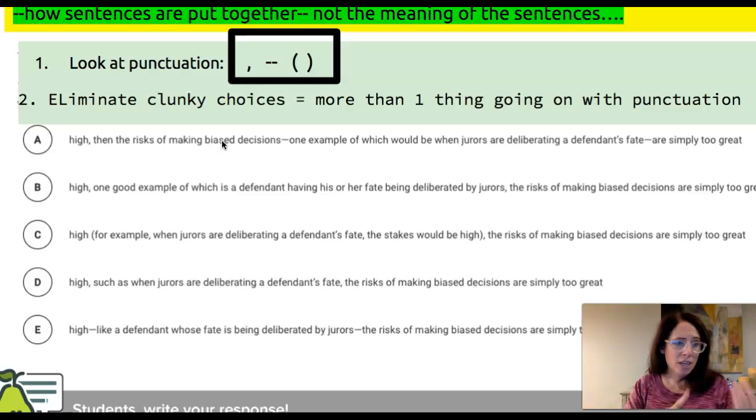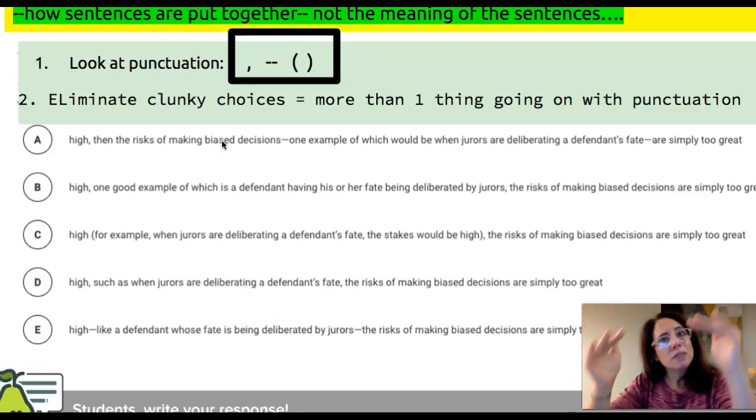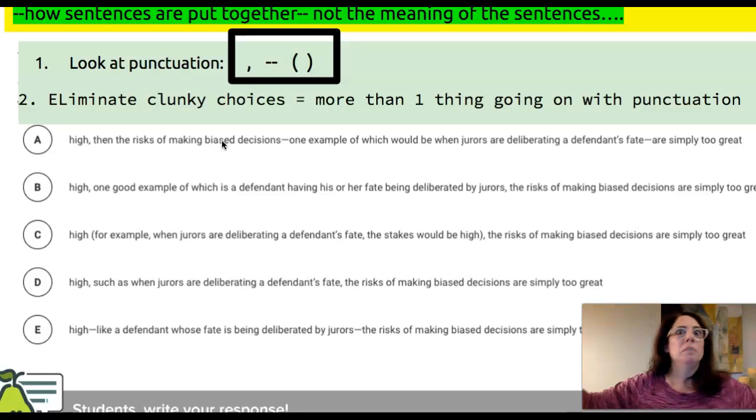So the first thing is, do you have punctuation that's back to back when it doesn't need to be? Do you have a parenthesis where you might have some commas in between that parentheses, right? Because the whole idea of a parenthesis is that it's giving you a little sidebar. It's not supposed to be a huge stretch of a sentence. Same thing with commas.